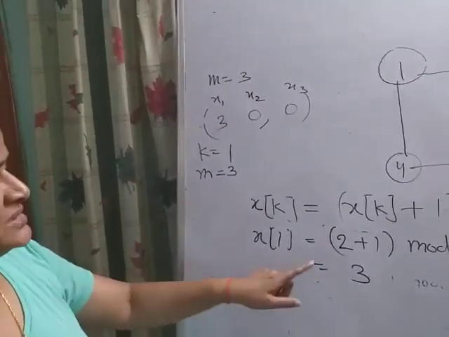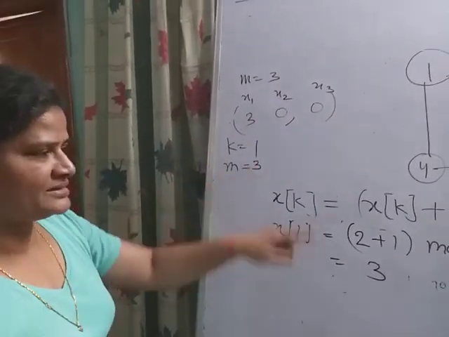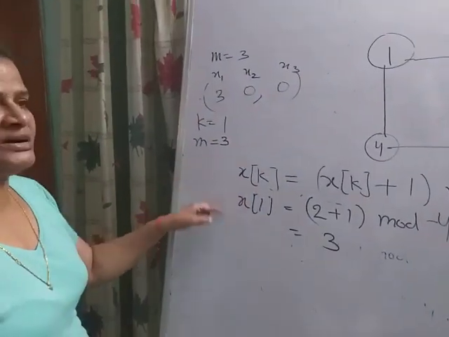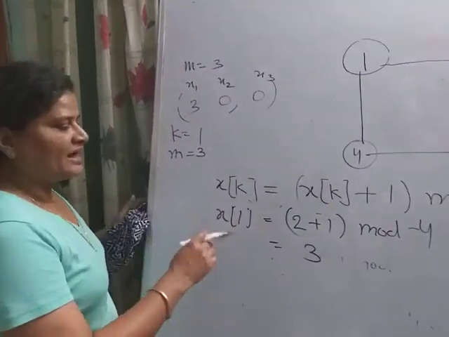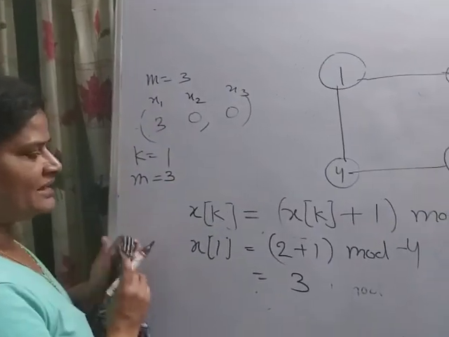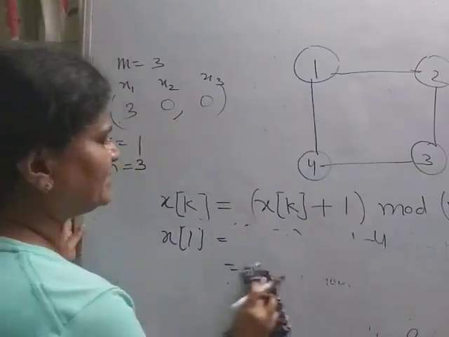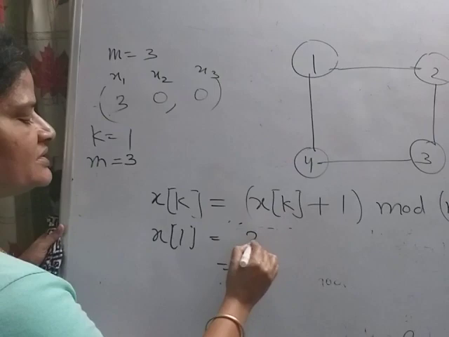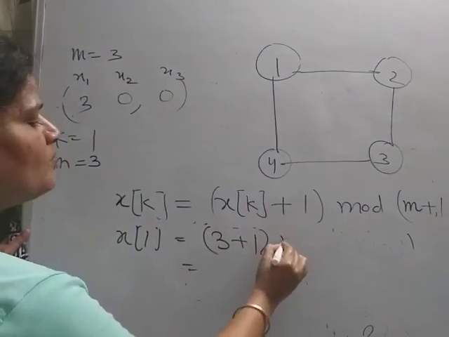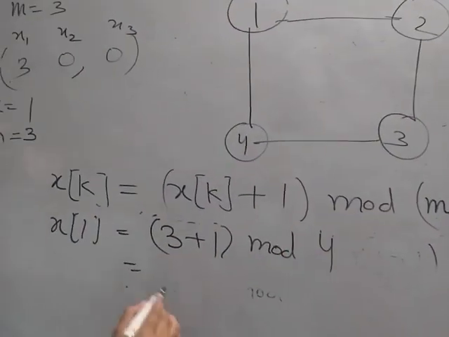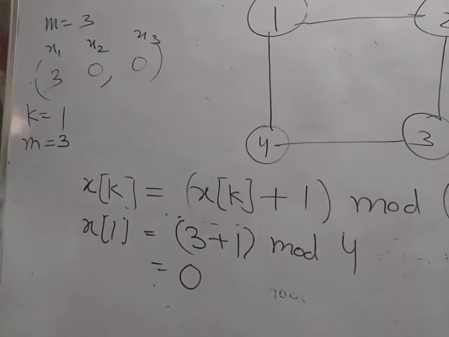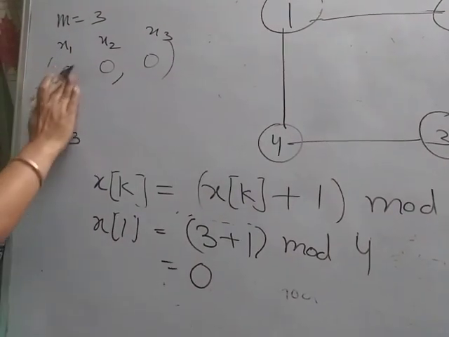After 3, this expression will work in a cycle. Now x1 is 3, so 3 plus 1 mod 4 is 4 mod 4, which is 0, but 0 is no color.